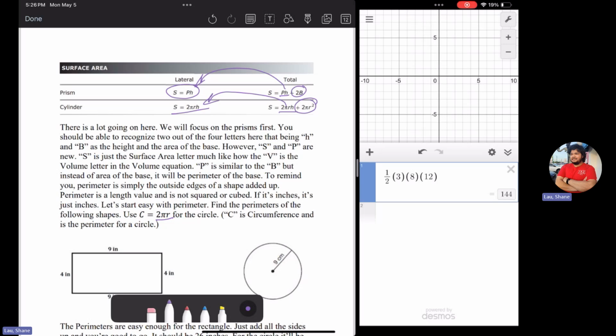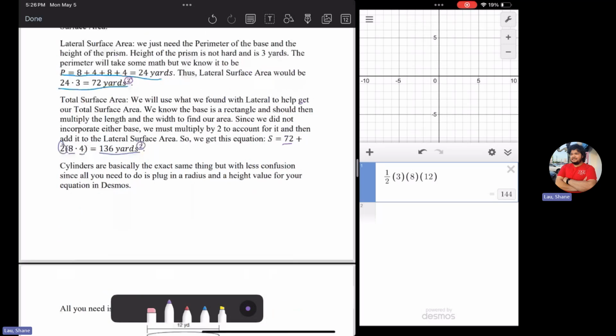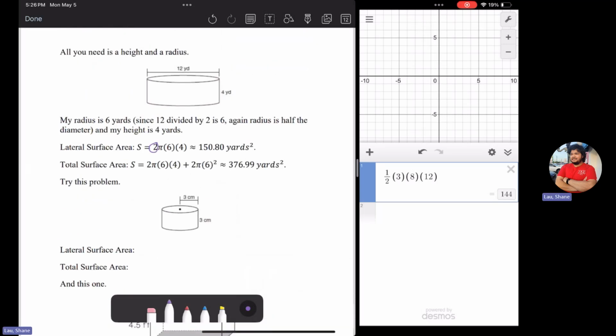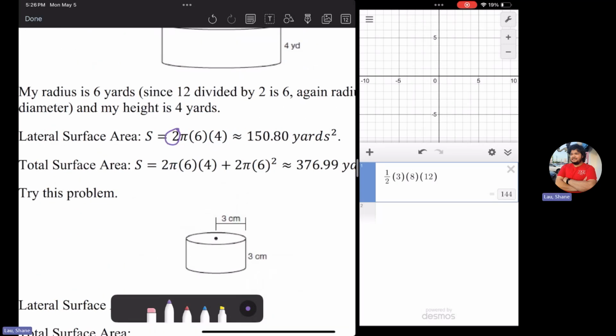Pi r squared is my area of a circle, and the 2, again, is my two circle bases. So, very simply, 2 pi r times my height gives me 150.80 yards squared. Again, I rounded this to the second decimal place, and because I rounded it to the second decimal place, that's why I included that 0 there.